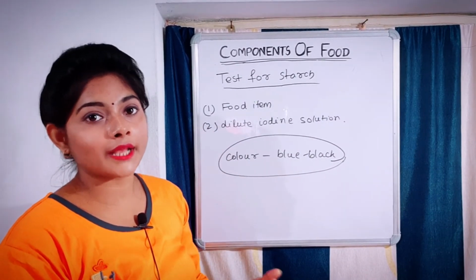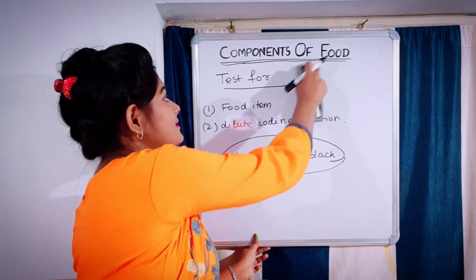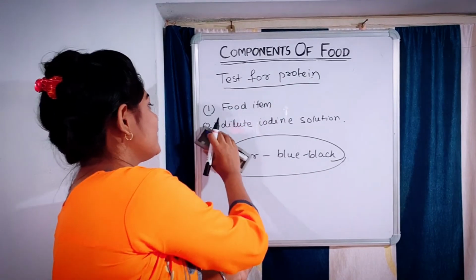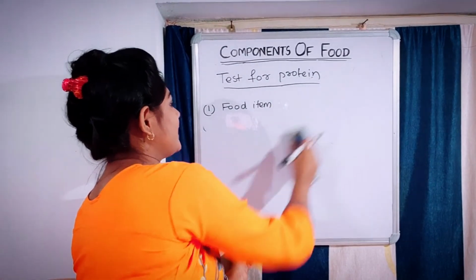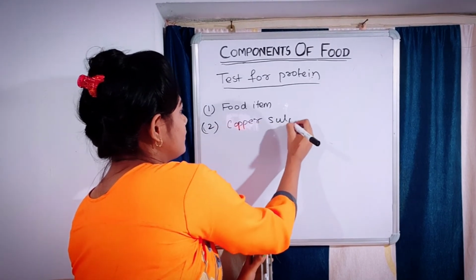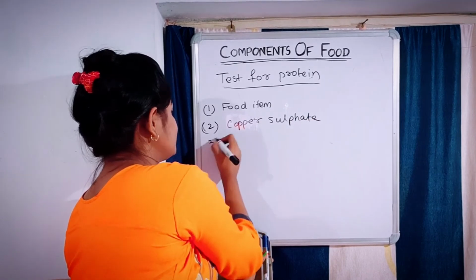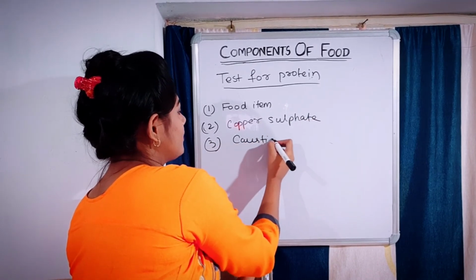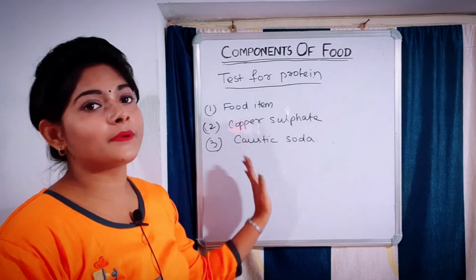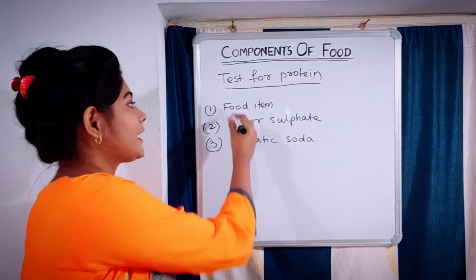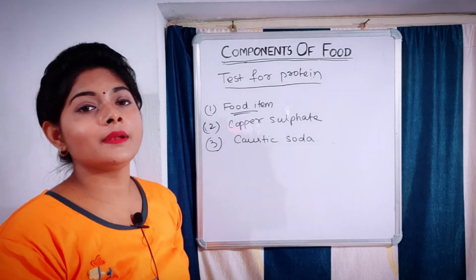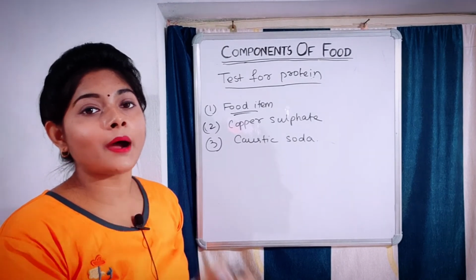Now we will move on to the test for protein. What are the things that we need to test for protein? First, obviously, we need some food item. Second, we need copper sulfate and caustic soda. Now what will we do to test the presence of protein? First we will take the food item. If the food item is in solid form, then we will make a paste or make it in powder form.